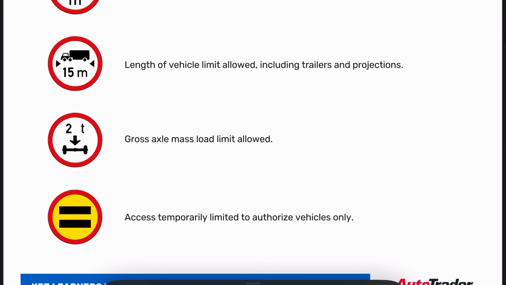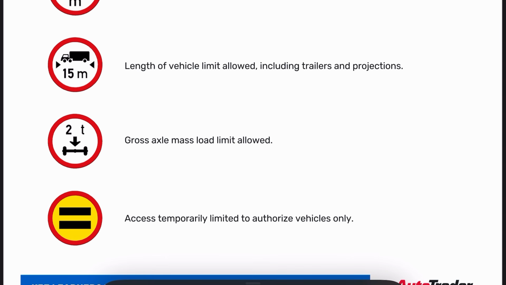And then we talk about the gross axle mass. The axle mass of your vehicle should not be above 2 tons. And then that equal sign tells you that access is limited to authorized vehicles only. Let's say this is a VIP parking, or this is a Mercedes-Benz parking only. If you do not drive a Mercedes-Benz, you may not enter there because you are not authorized.